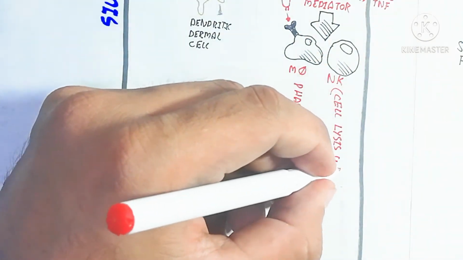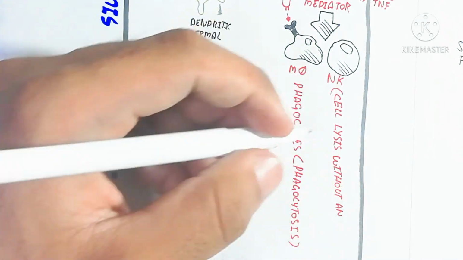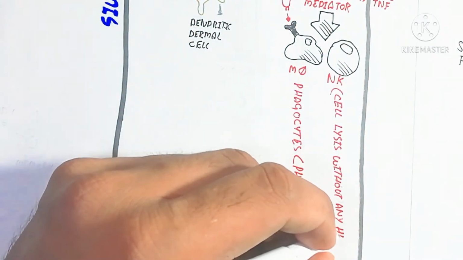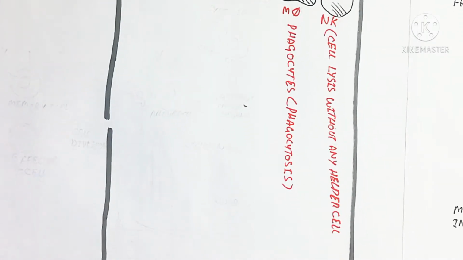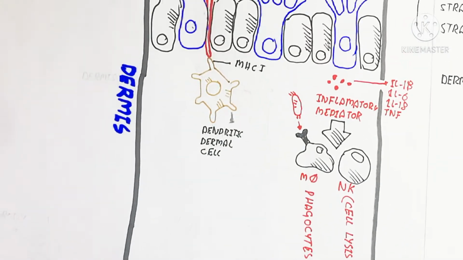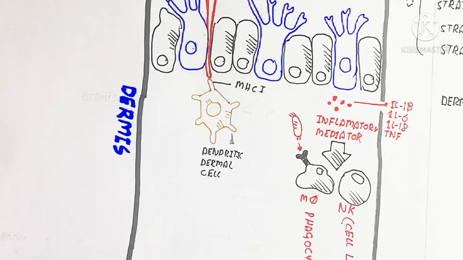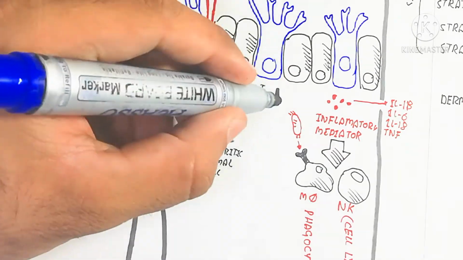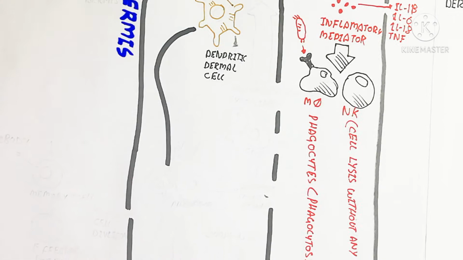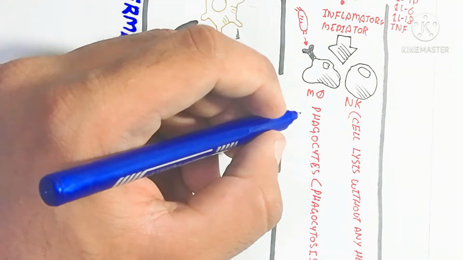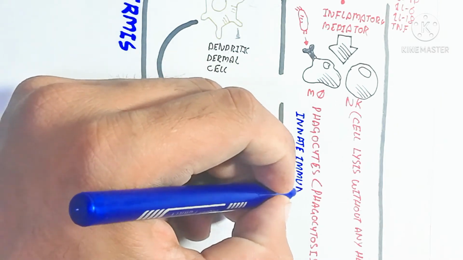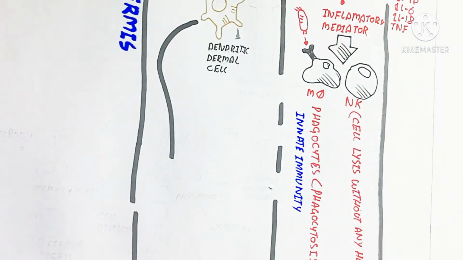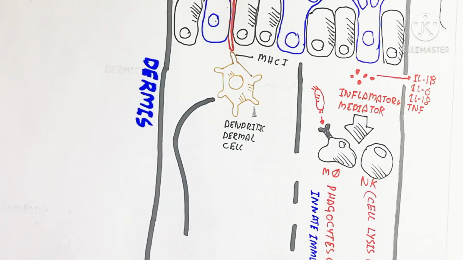Basically the pathogen is a prokaryote, and this prokaryote is killed by the natural killer cell without using any helper cell. That is the important characteristic: no other cell is needed for killing. So it is independent, and the macrophage is also independent, giving its response to the inflammatory mediator.